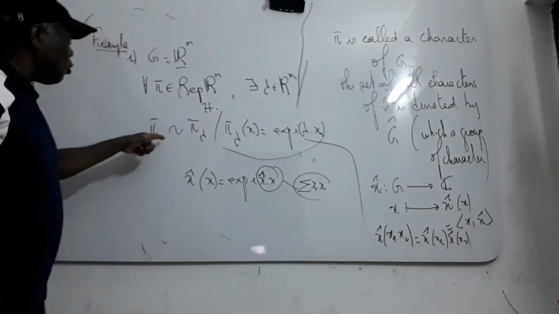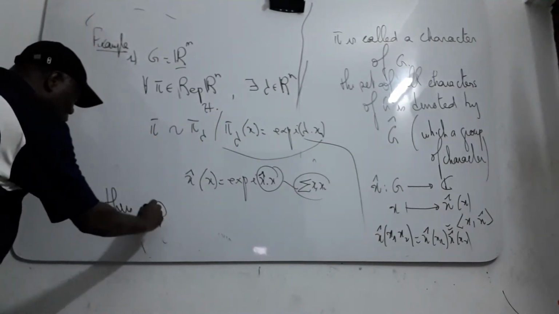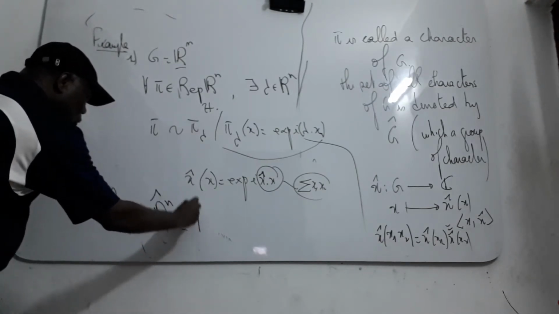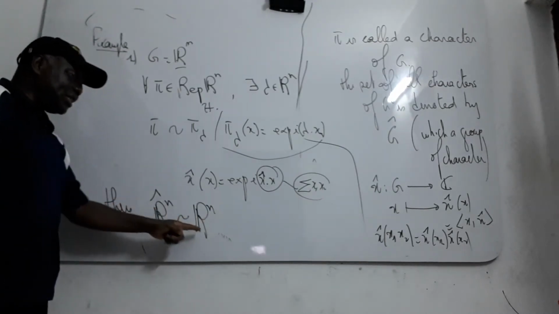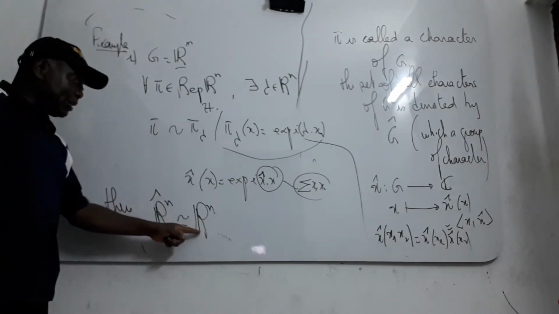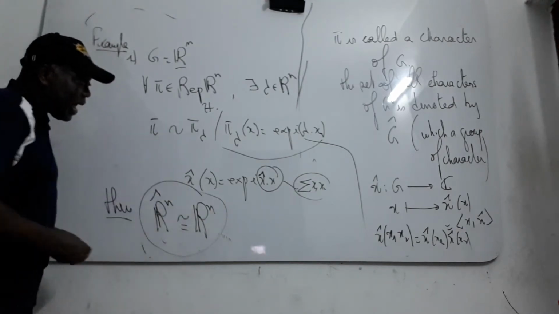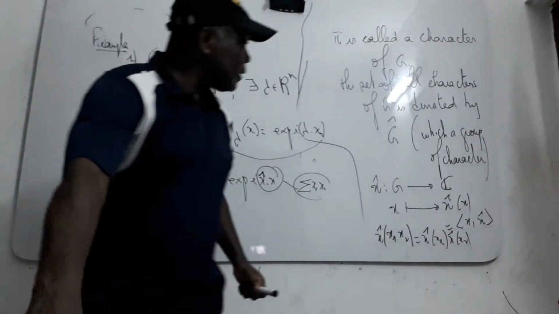Then the dual of R^n is identified to R^n. Any character is given by some element with this condition.